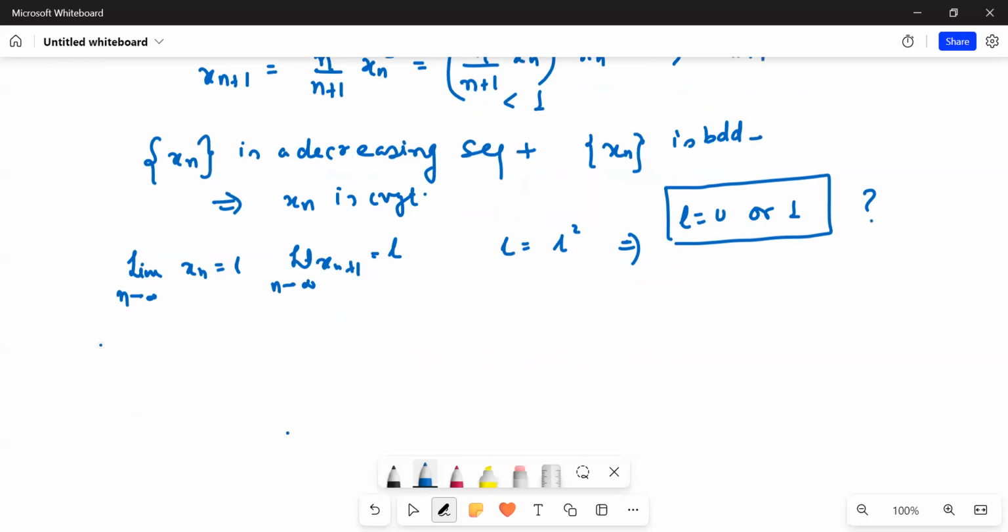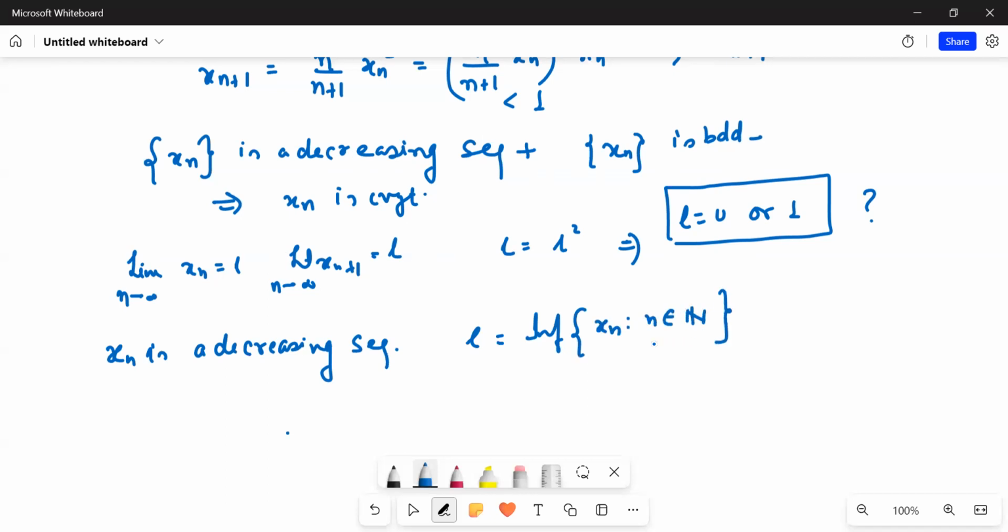Why? Because one thing is very much clear, that this sequence xn is a decreasing sequence. Since xn is a decreasing sequence, I can write that my limit L would be equal to what? It will be equal to infimum of xn for all n belonging to natural numbers.